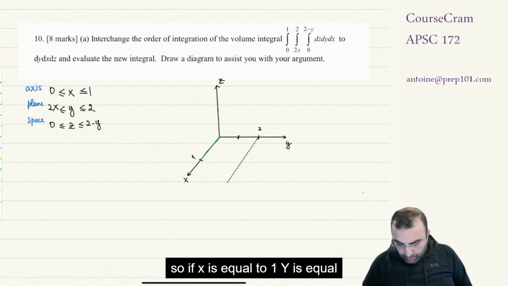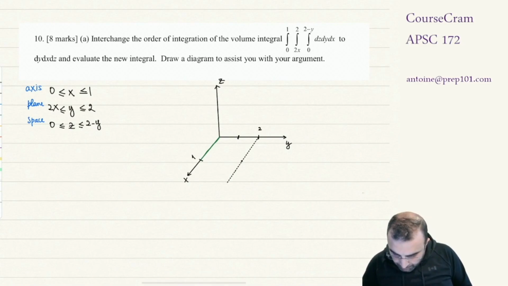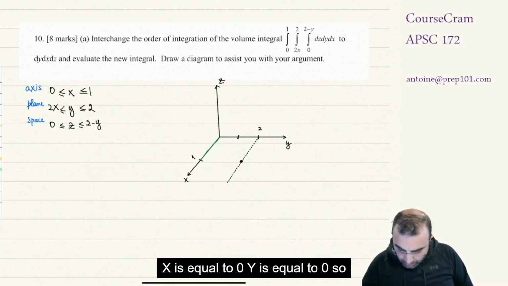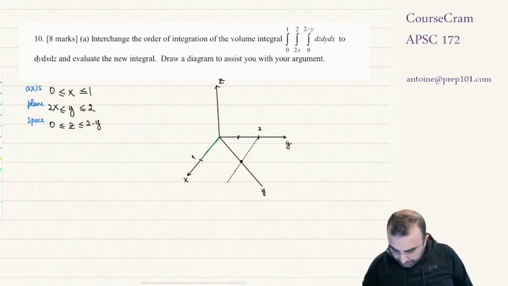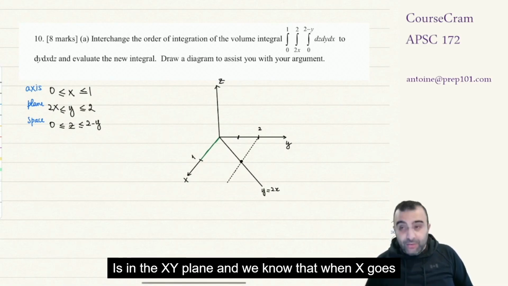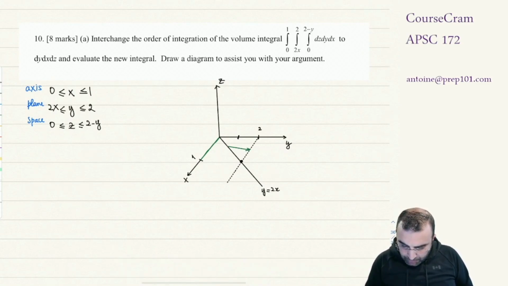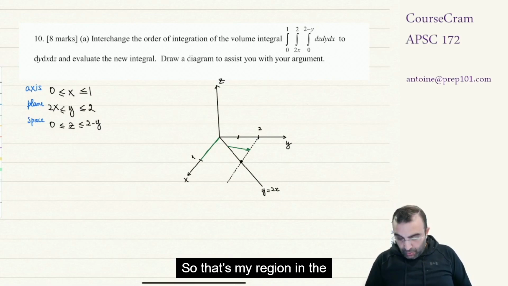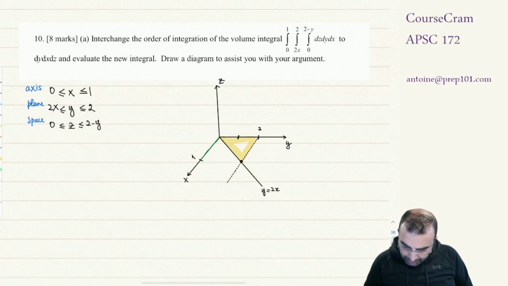If x is equal to 1, y is equal to 2. If x is equal to 0, y is equal to 0. So this is y equals 2x. This is in the xy plane. And we know that when x goes from 0 to 1, y goes from 2x to 2. So that's my region in the xy plane.